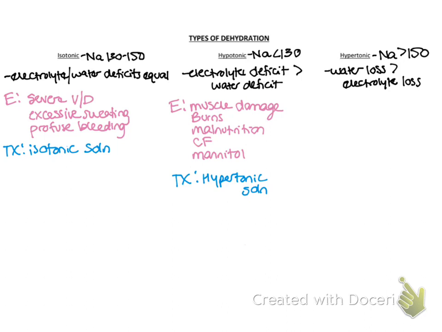So I have lost more water, okay? So I've lost my waters. All right? What's going to happen now to the cell? It's going to shrink because water is going to do what? Come out so that it can balance it. All right? So if water is coming out of that cell to balance it, what do I need to give?